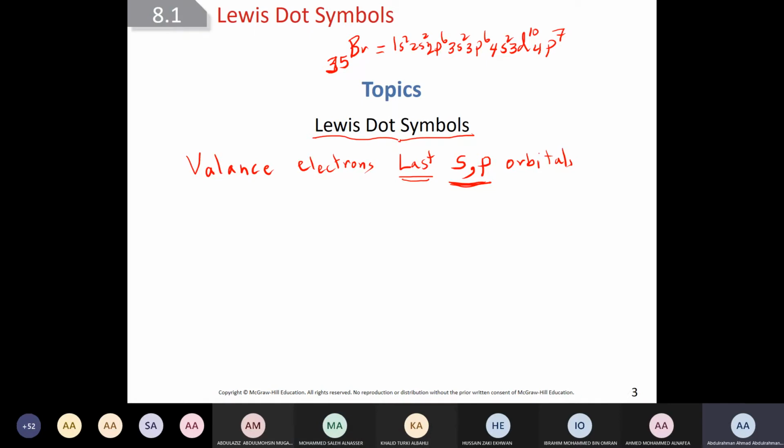Oh, something in my mind, that's why I wrote 7. Okay, it's actually 5, not 7. Oh, I'm wrong. Yes, I agree. Okay, what's the atomic number? 35. How many total electrons?